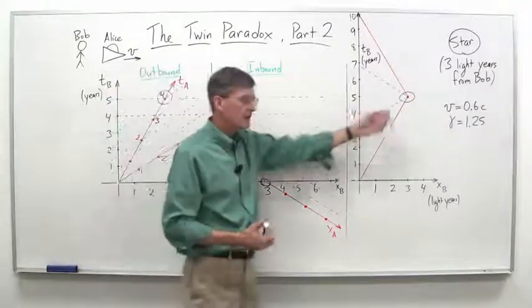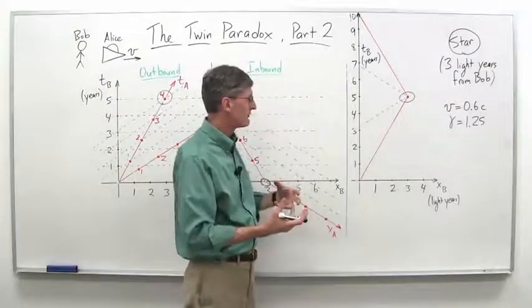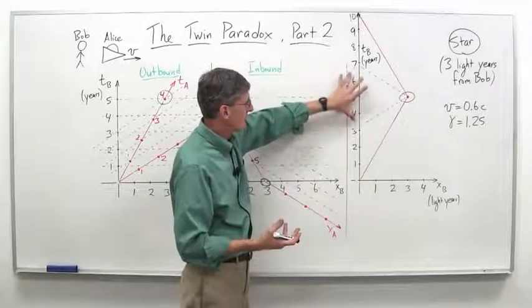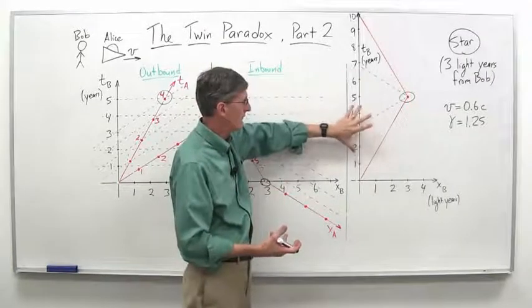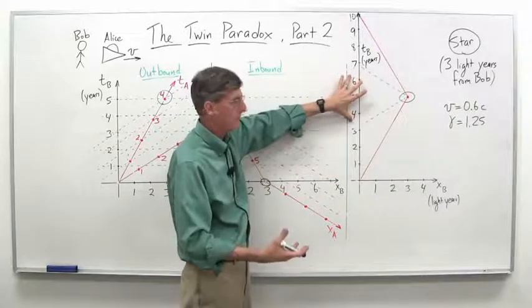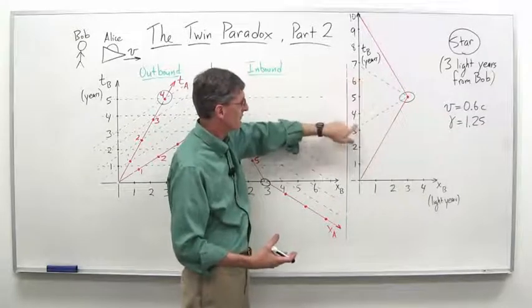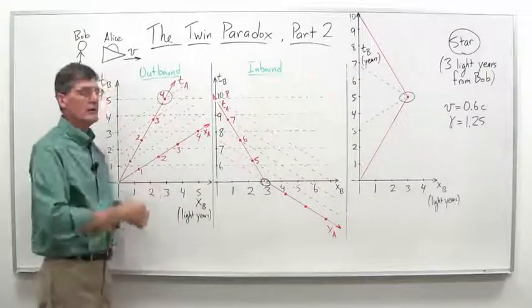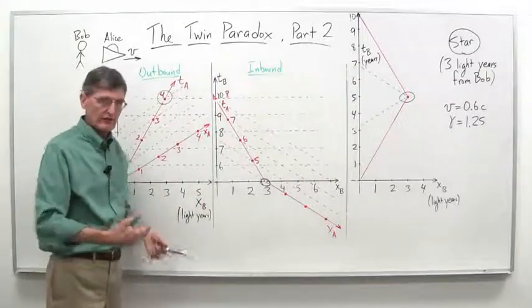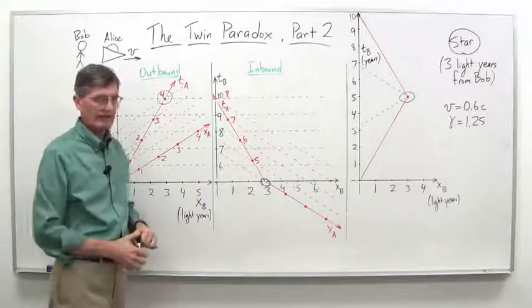But that turning around, the switching of frames of reference, is accounted for: Bob's clocks, from Alice's frame of reference, jump from 3.2 to 6.8. So when she does get back, Bob has aged 10 years, and she has aged 8 years.